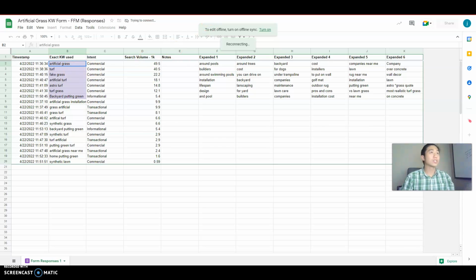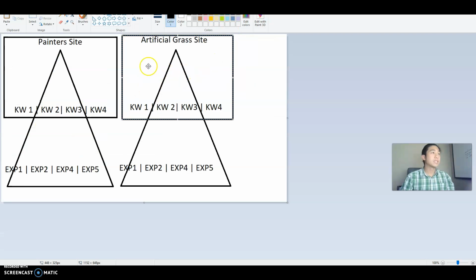This is how the structure is, okay? So basically, if you're writing about a partner, like a painter site or artificial grass, you want to do the homepage. This box right here is your homepage.